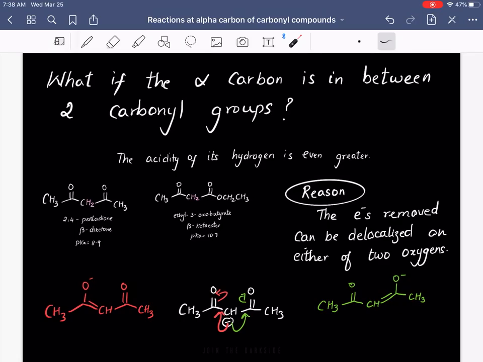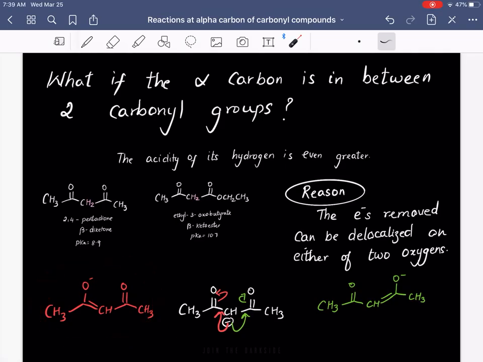Now this carbanion, these electrons on the carbon, can be delocalized in two different ways. So here is the first way that it can delocalize. These electrons can come up here and the electrons from the double bond can break and go on to the oxygen. So here is one structure.